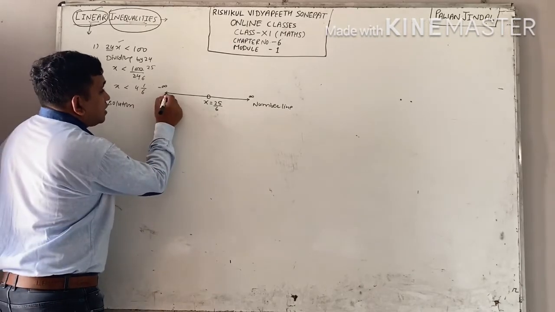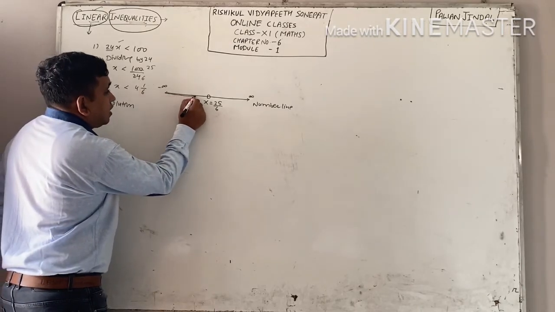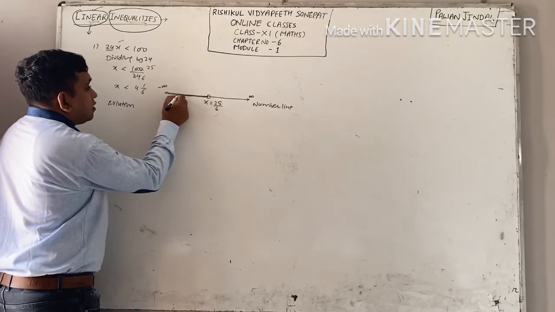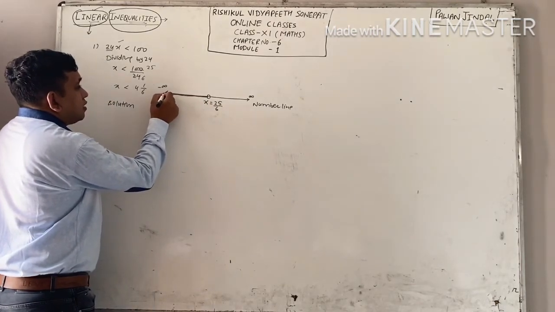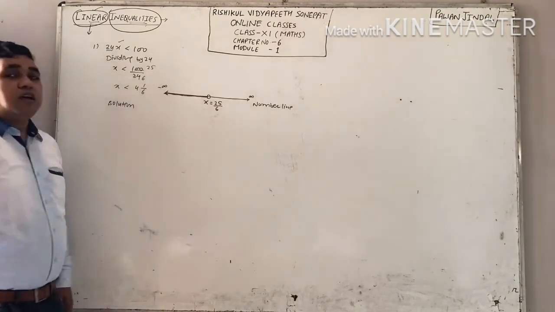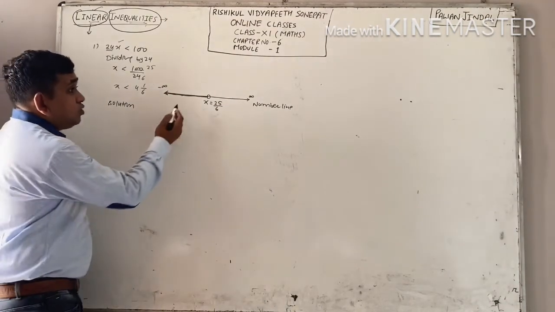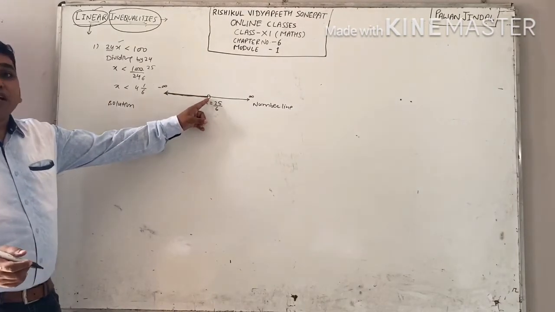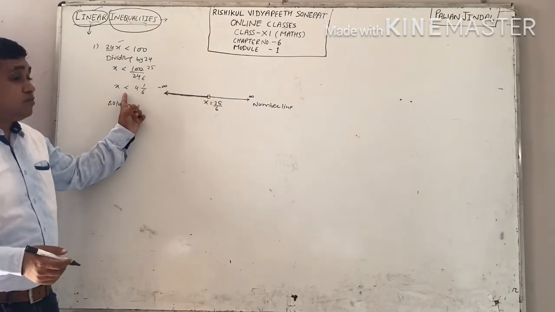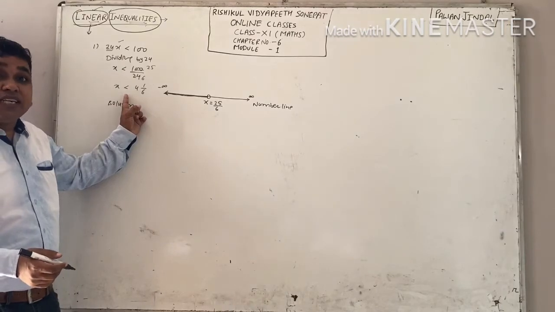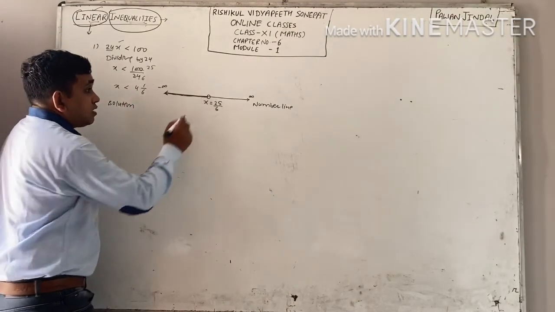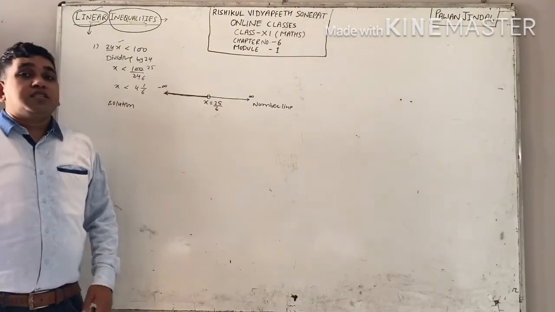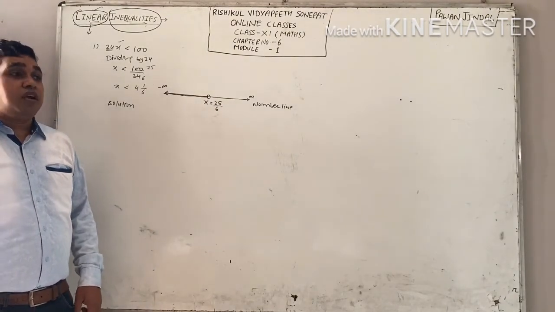All numbers will lie on this side. Darken this line. Like this you will darken. Now whether this circle will be dark or not: if equal sign comes here, then you will darken this circle also, otherwise you will not. In this way you can show the solution on number line.